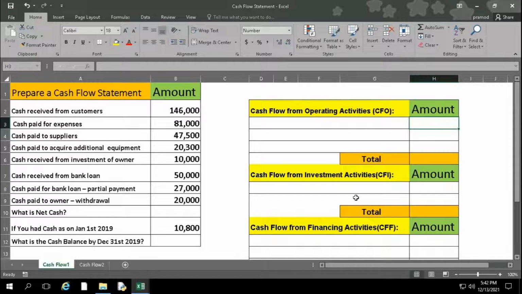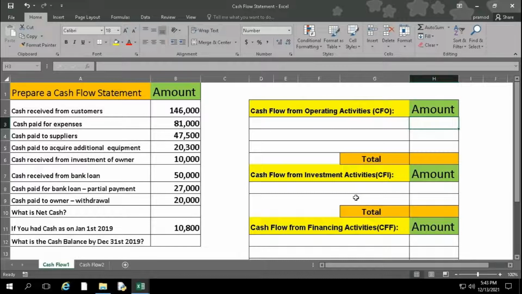Cash received from customers is flowing in, no, sir? So under which we have to take the operating activities. All your sales, purchases, all your operating expenditures come under CFO.